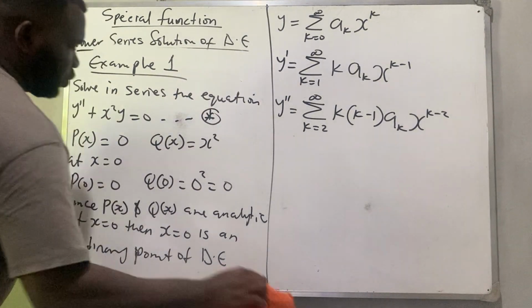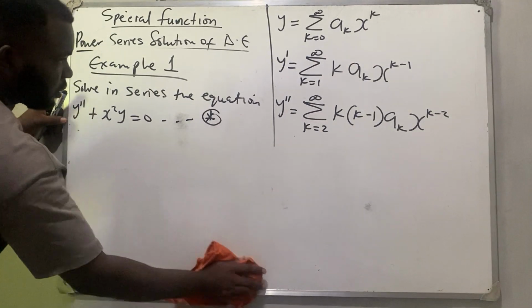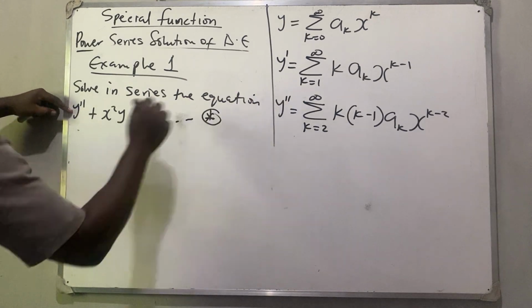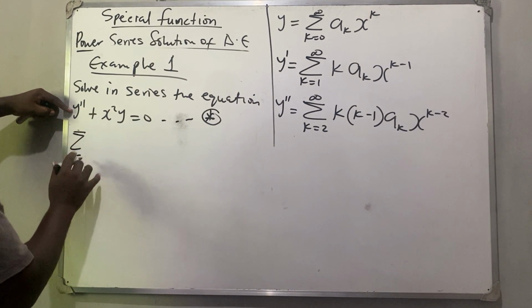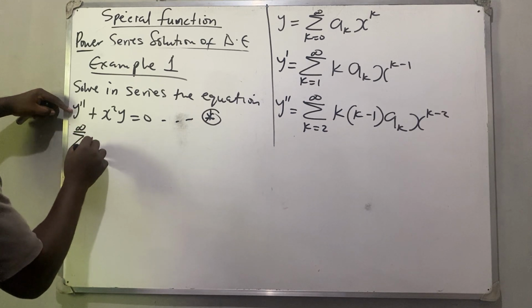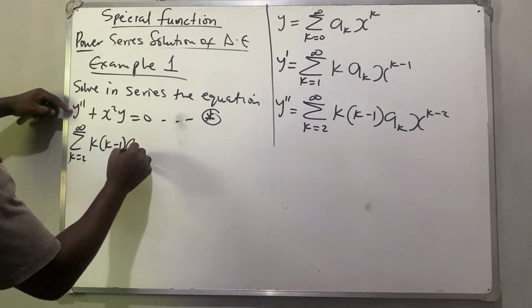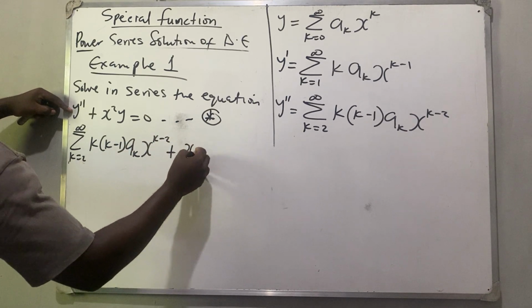Okay, permit me to clean here because it's very long, so that I'll write it the way it's long. So now, if we substitute, our y prime prime gave us the summation of k starting from 2 to infinity of k into k minus 1 ak x raised to power k minus 2 plus x squared.